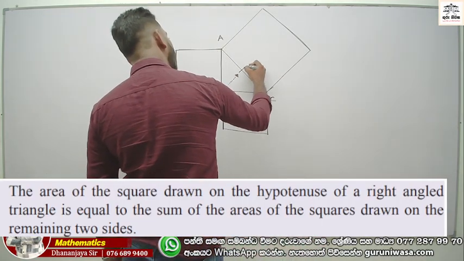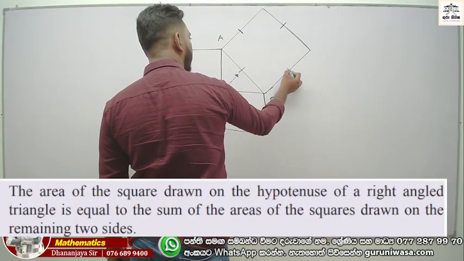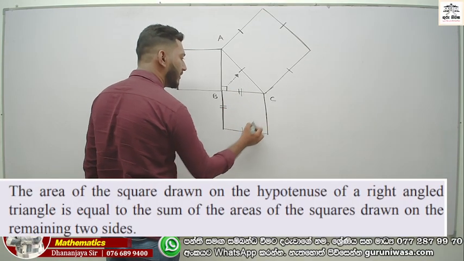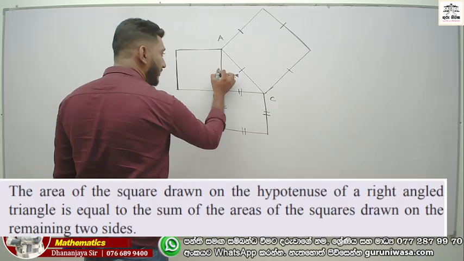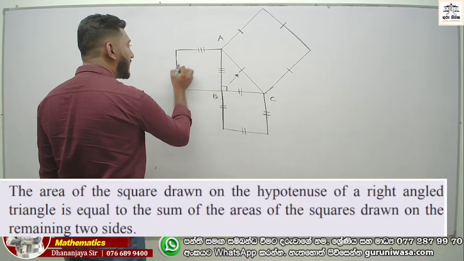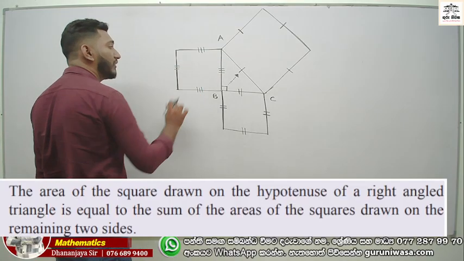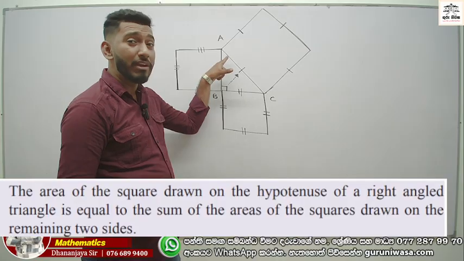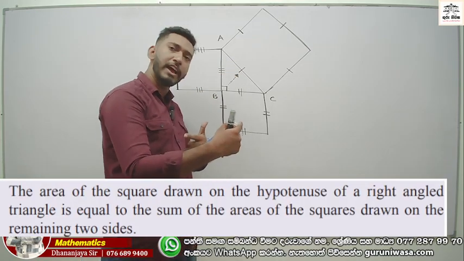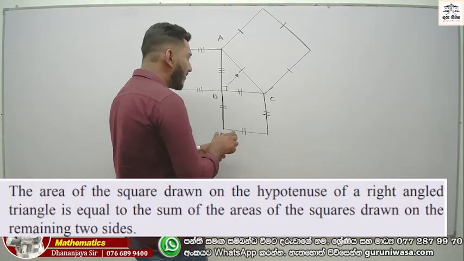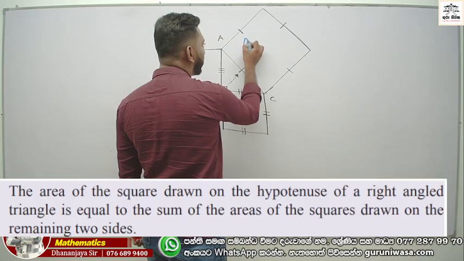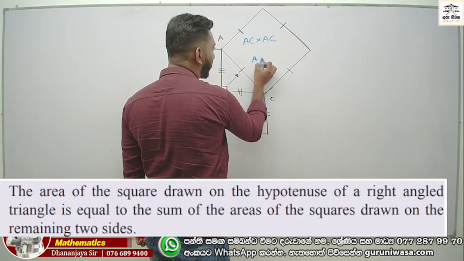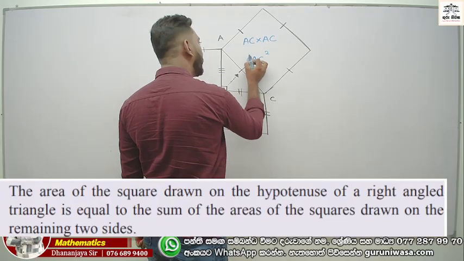All these sides are equal to each other because these are squares. This is the AC side. Therefore, the area of a square is the length of the side multiplied by the length of the side, so the area is AC multiplied by AC. Therefore, the area is AC to the power of 2.